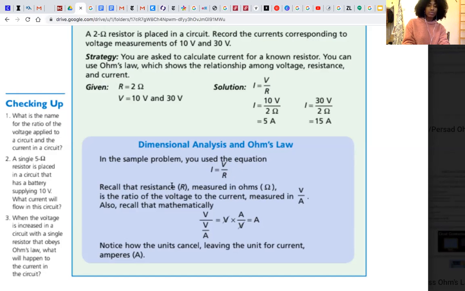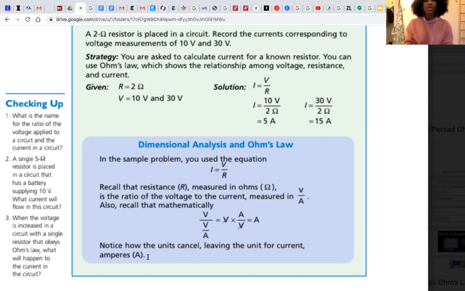Recall that resistance, R, is measured in ohms, and that is the ratio of voltage to current, measured in V and A respectively. Also recall that mathematically, V divided by A would equal V times A divided by V. You can see that these V's would cancel out and all you'd be left with is the A. Notice how the units cancel out, leaving the unit for current in amperes.